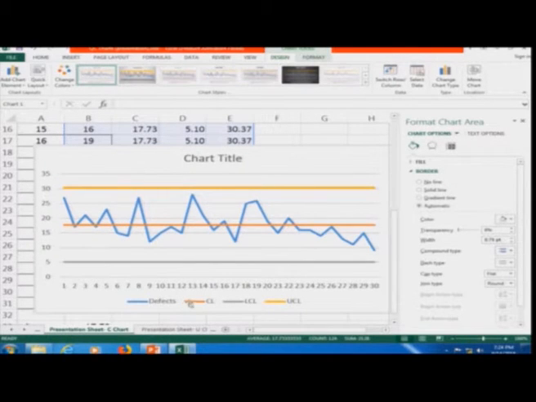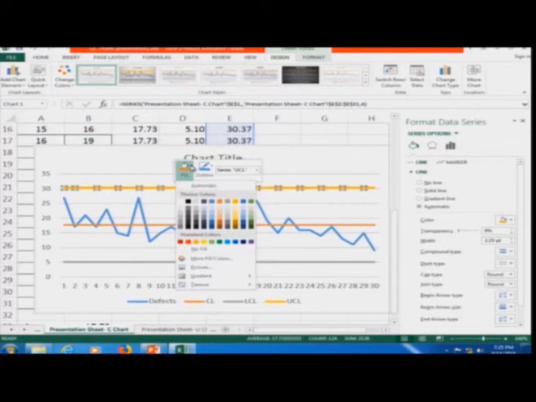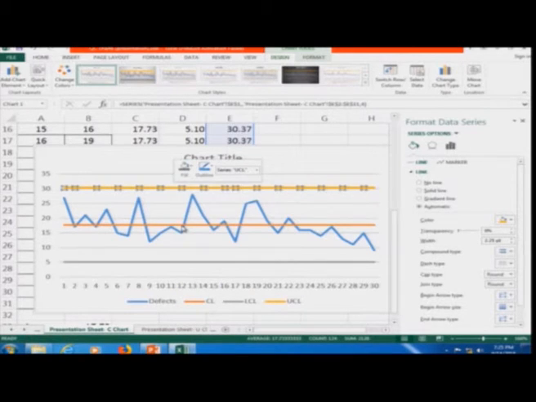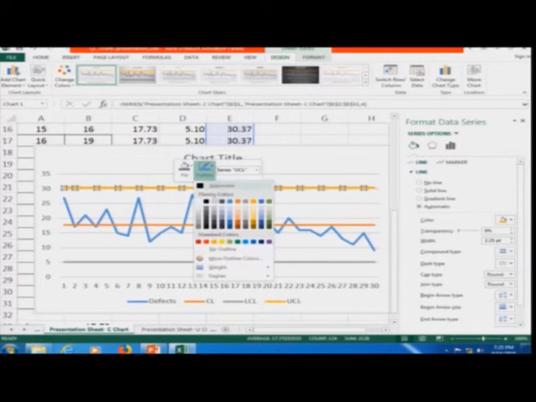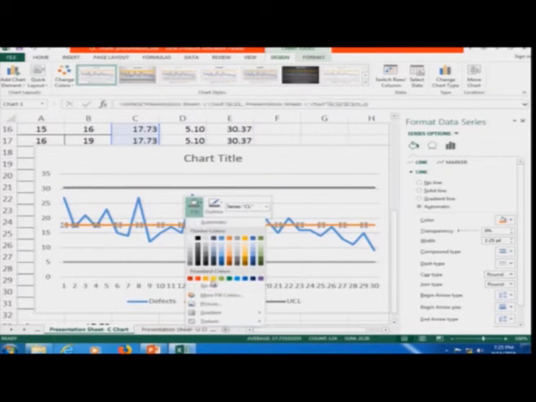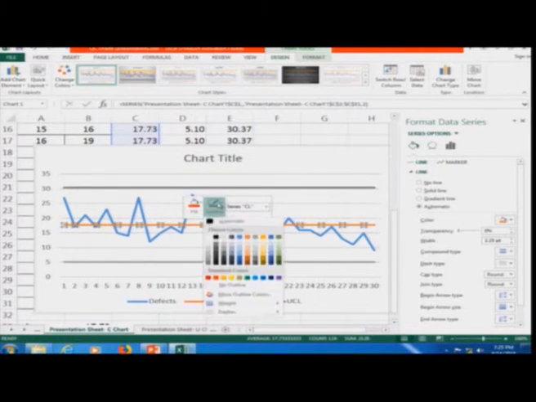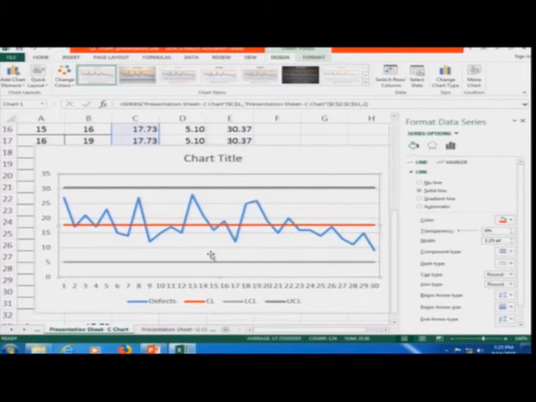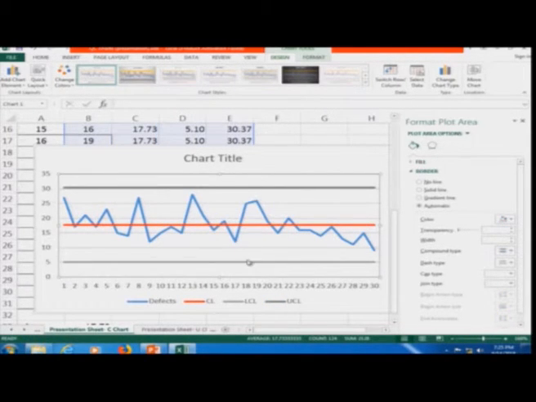So this is my number of defects, blue line, control limit, lower control limit and upper control limit. Okay. So if you like to change this color, we can change this color to the gray only. Okay, and this can be colored maybe red. Okay, so lower control limit, upper control limit are there.